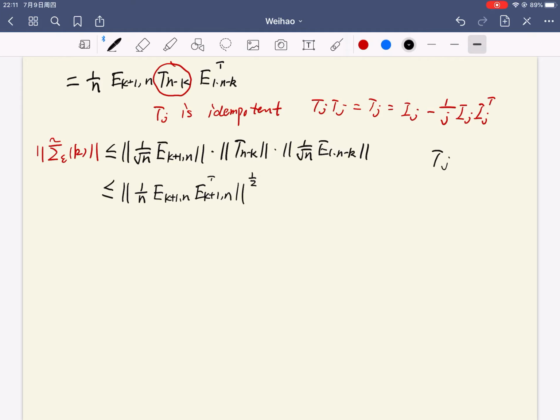So all the singular values of this matrix are less than 1, so it is upper bounded by 1.